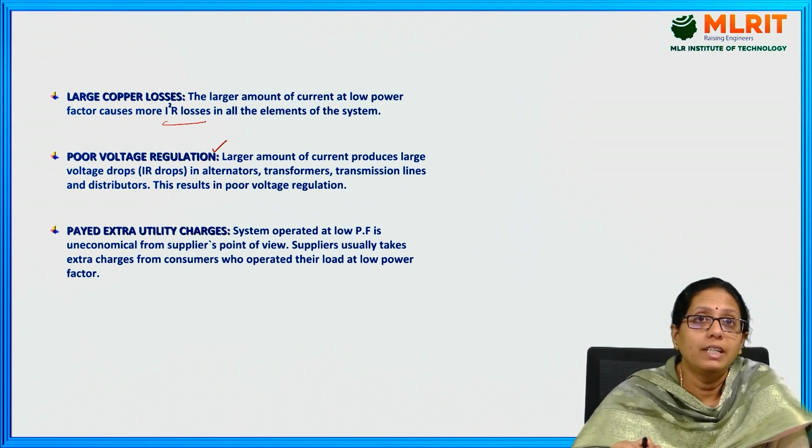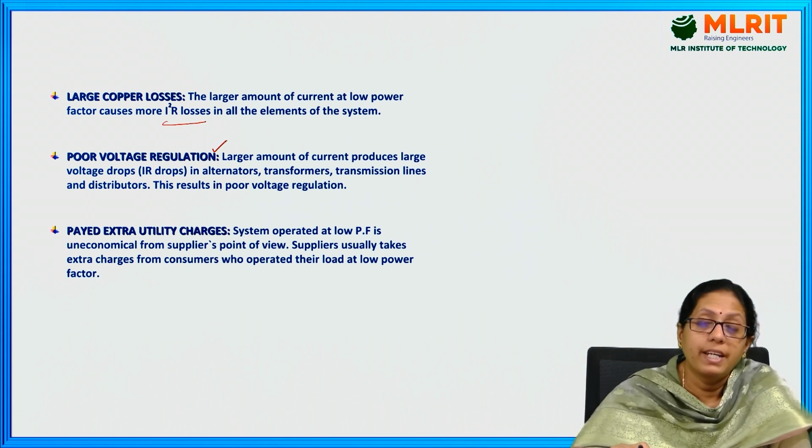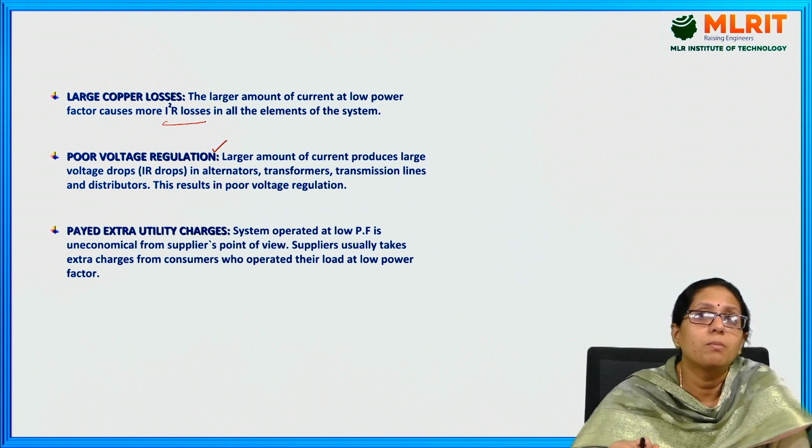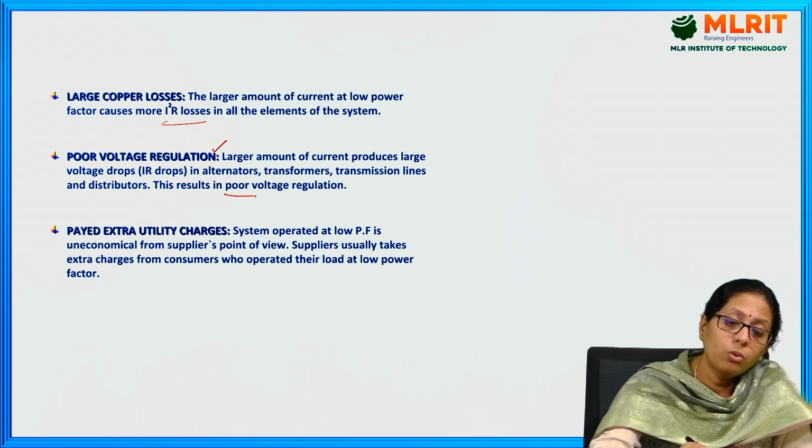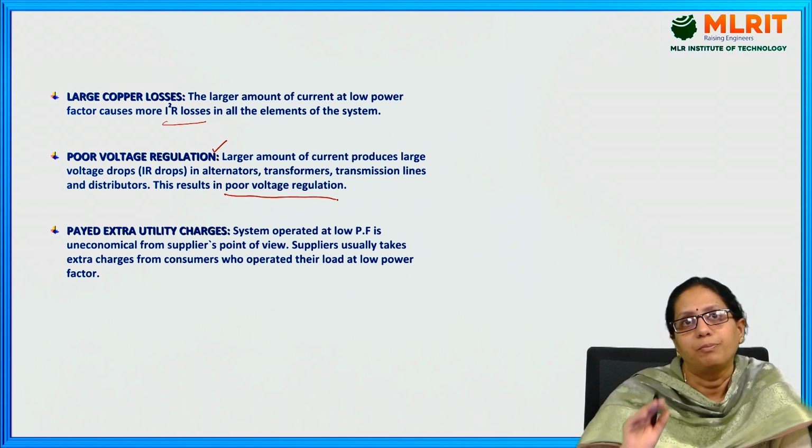In alternators, that is, AC generators, as well as in the transformers, transmission lines and distribution, the voltage regulation is poor. So the result is poor voltage regulation.